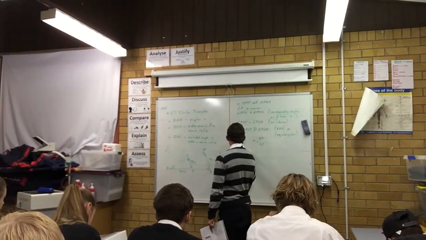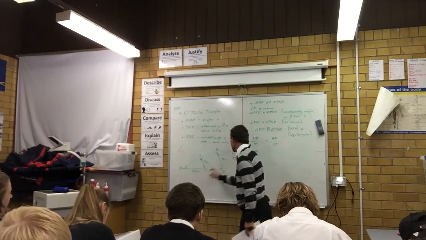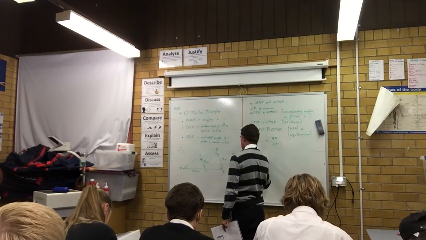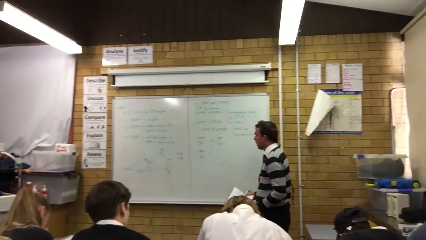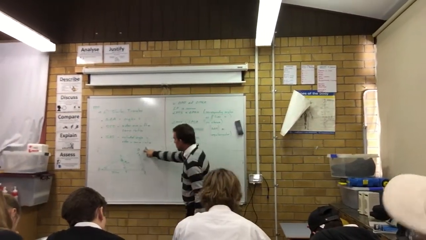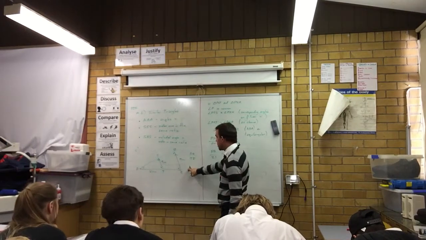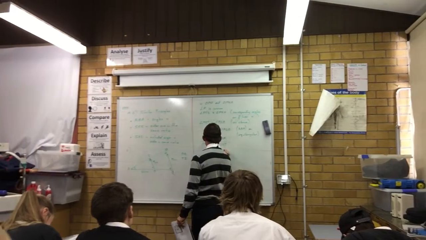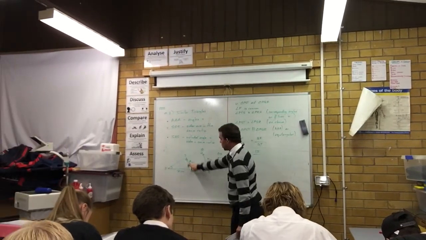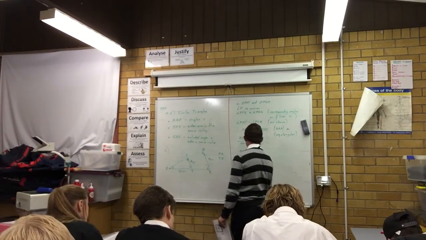So PR over the length of PT, which you were told in the question is 21, is equal to QR. It has to be the big triangle first because that's what I've started on top of the fraction. The order needs to be the same, which is 15, and then the side on the shorter one, which is 9.